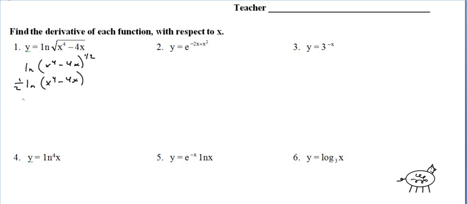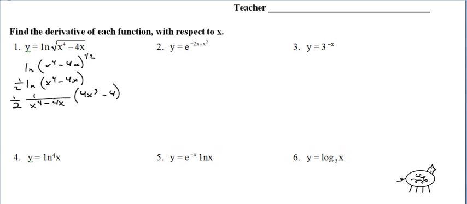Then I'm going to have 1/2, and the derivative of ln is 1 over x to the fourth minus 4x. Then I take the derivative of x to the fourth minus 4x, so I get 4x cubed minus 4.